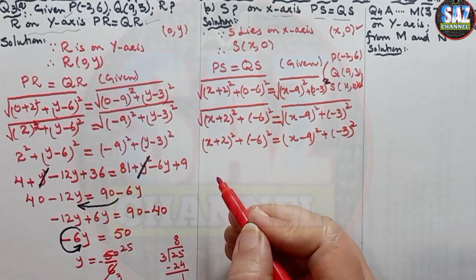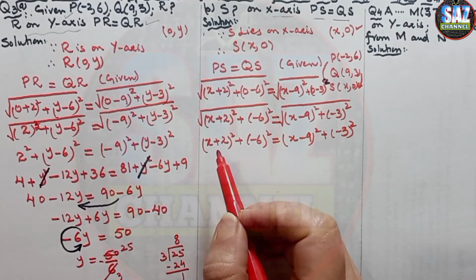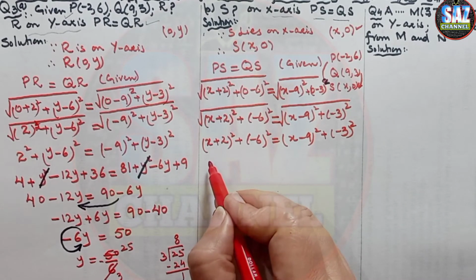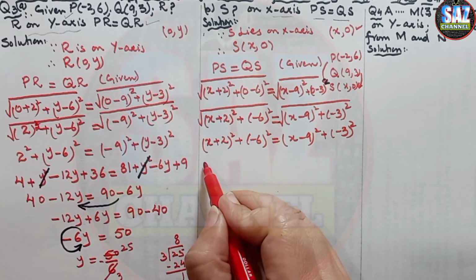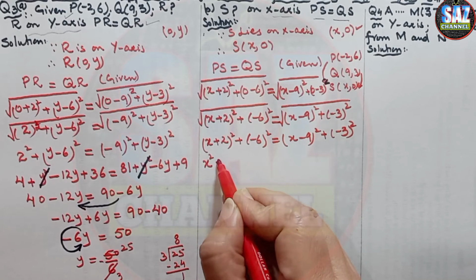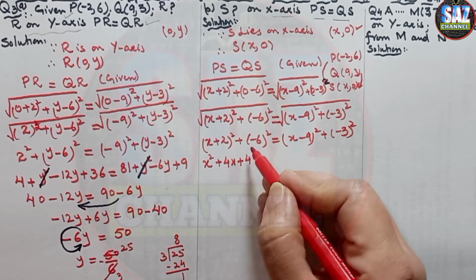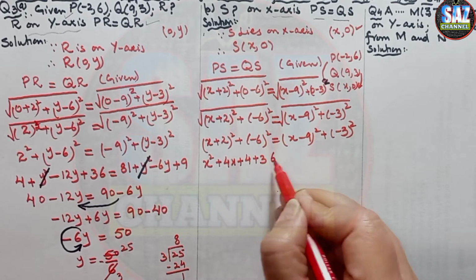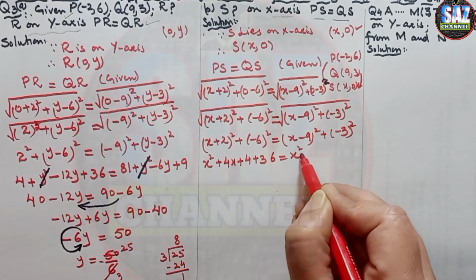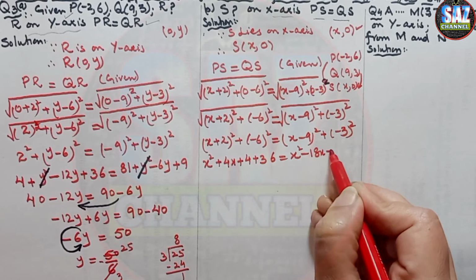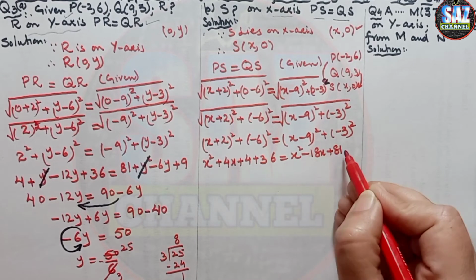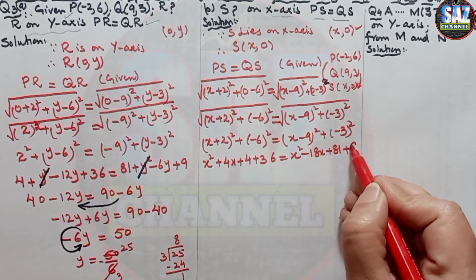And now apply the identity from chapter number 3, that is a plus b whole square, which gives me x square plus 4x plus 4 plus minus 6 square will be 36 equals to x square minus 18x plus 81, 9 square, and plus minus 3 square will be 9.